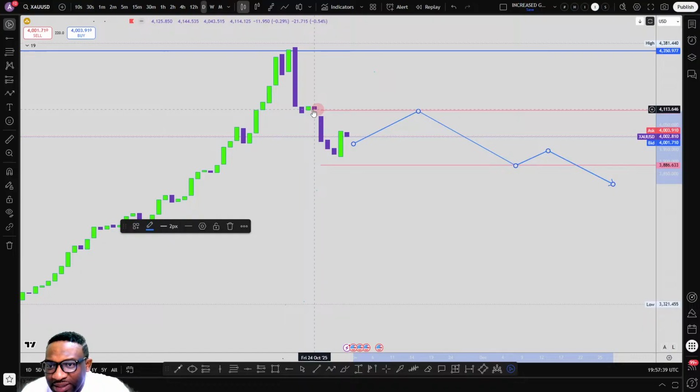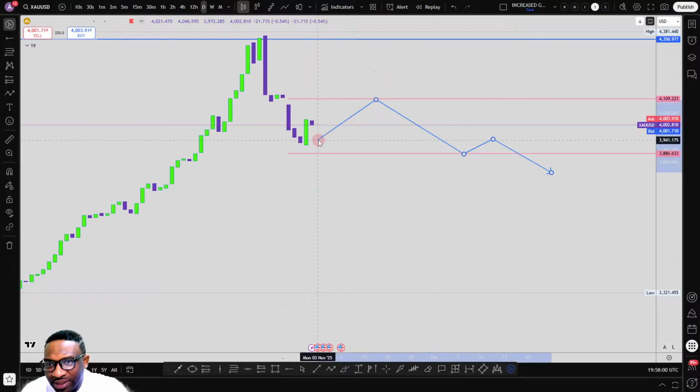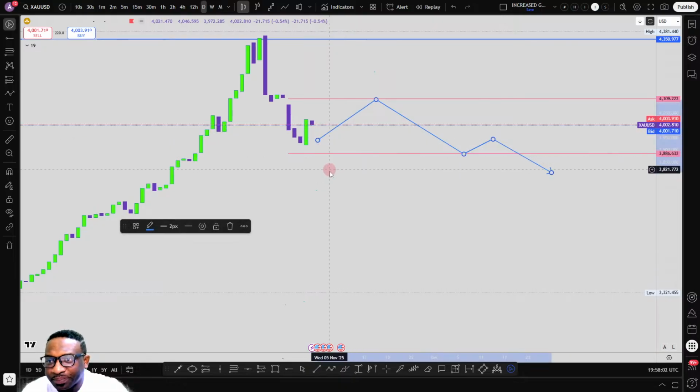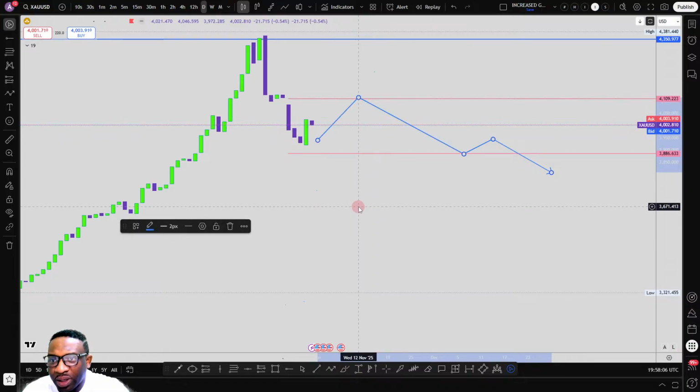As I said, this volume imbalance area could act as a strong area of resistance, since we are coming from below. In the same way, if we are coming from above, it could act as a strong area of support and turn price around. So let's watch out for this as price plays out this coming week.